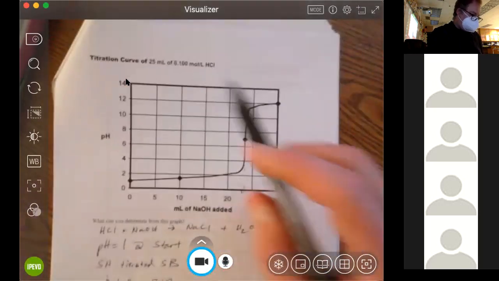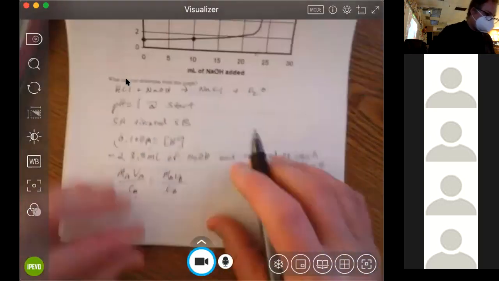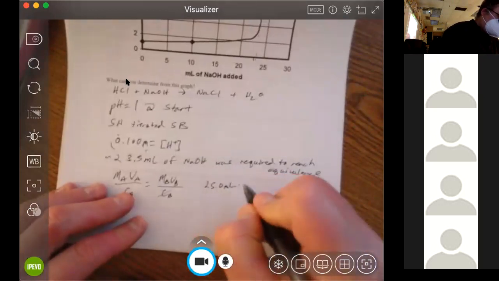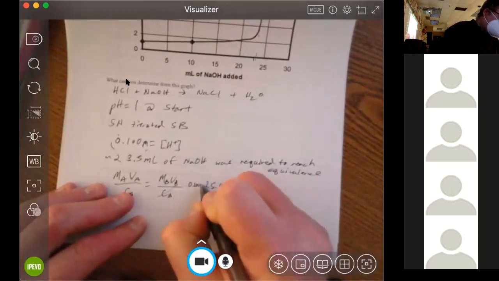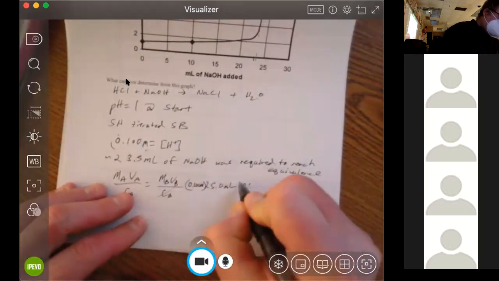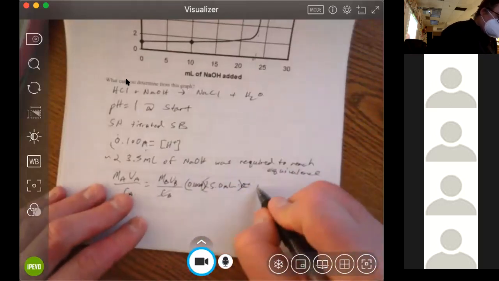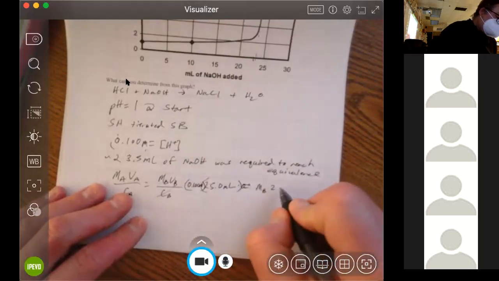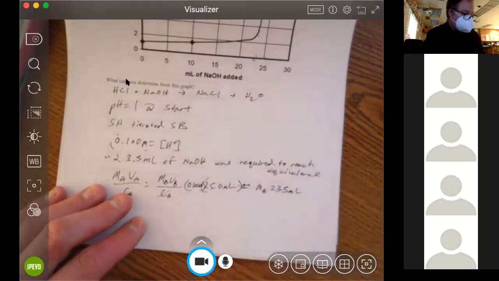We know the molarity and the volume of the acid: 0.1 molar times the 25.0 milliliters. That equals the molarity of the base, which we don't know, but we do know that it took 23.5 milliliters.